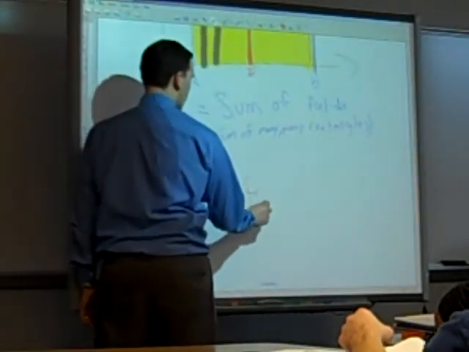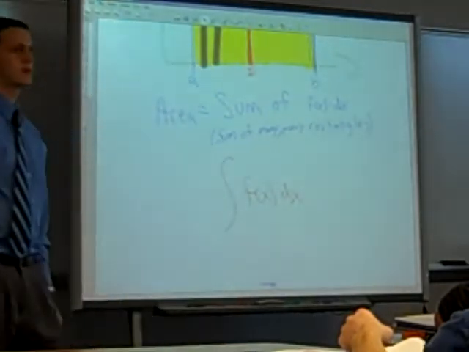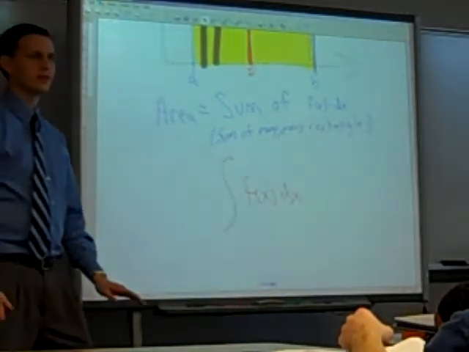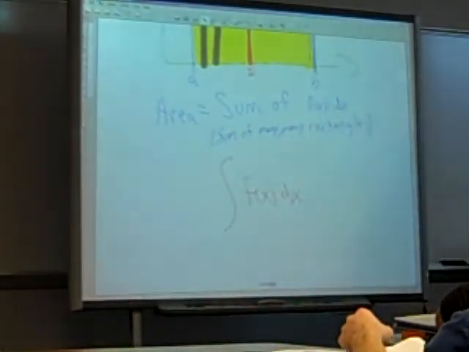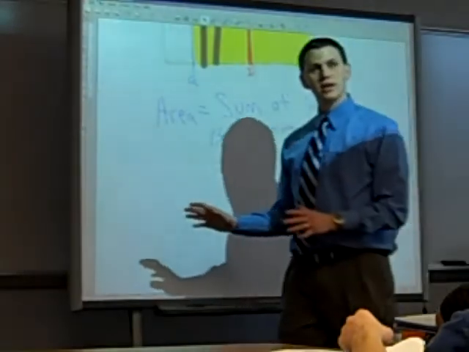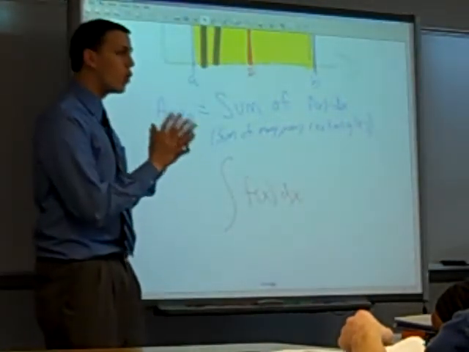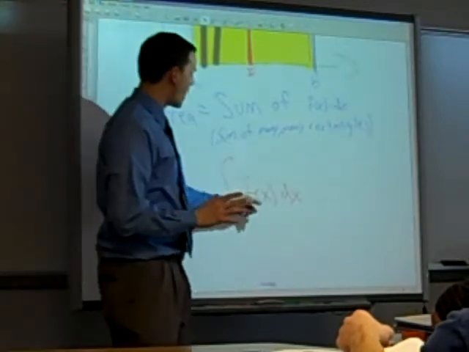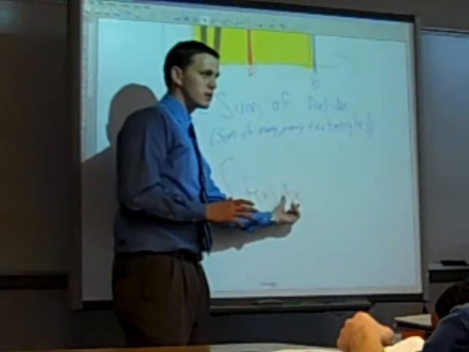And then we had our height times our base. Yes, it should look familiar. Exactly, the integral sign is really just an elongated S. And what it's telling you is that you're summing up a whole bunch of rectangles with height f of x and base dx. Got it?